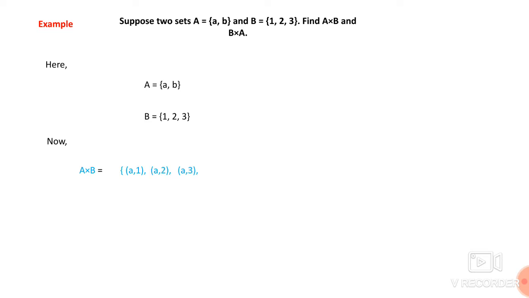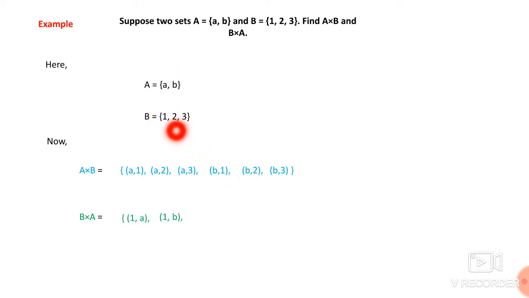Ordered pairs are always written in small brackets. So (a, 1), (a, 2), (a, 3). These are the pairs of a. Now making the pairs of b: (b, 1), (b, 2), (b, 3). This is A cross B. If we want to find B cross A, okay, this is B cross A. It means we will make the pairs of the elements of set B with set A. It means we will take 1 and make pairs of it, (1, a) and (1, b).